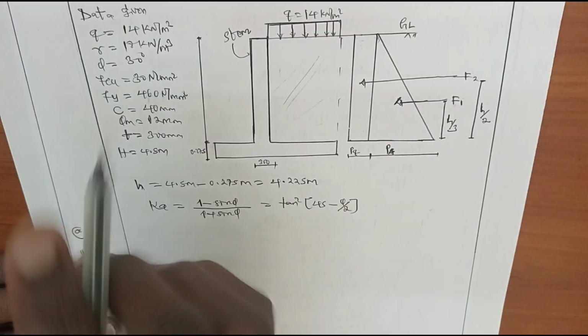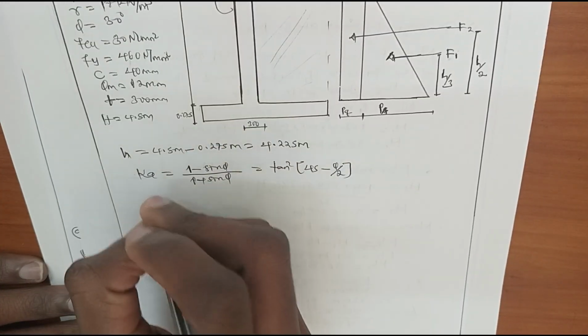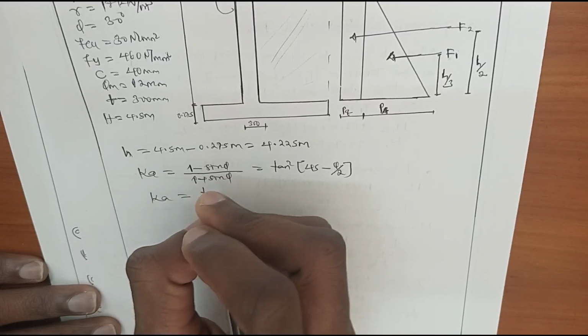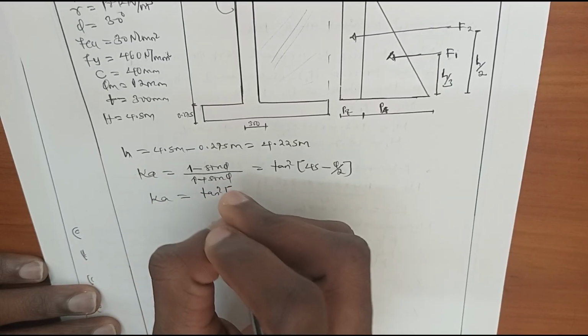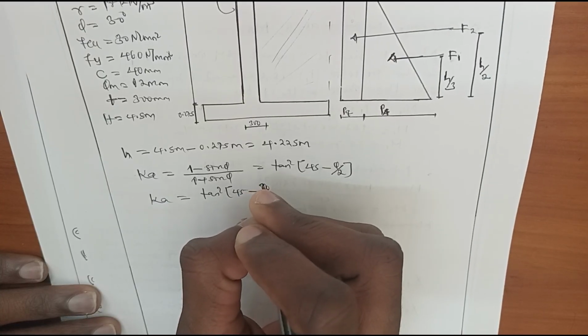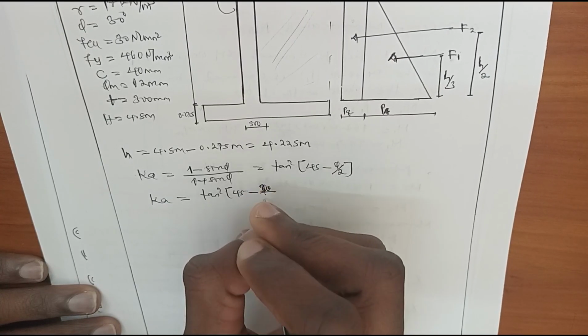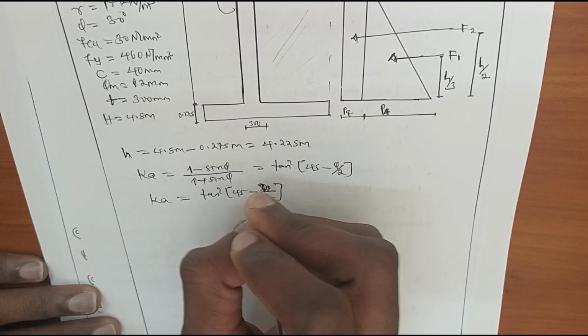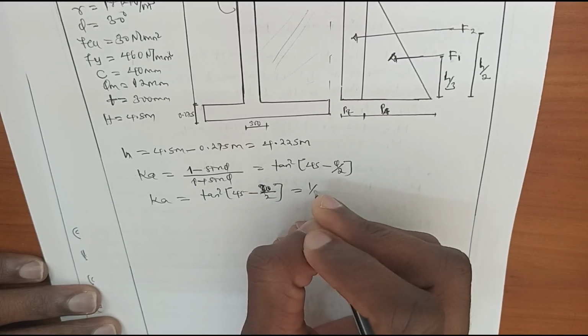Now we have been given the internal angle of friction, which is 30. So when we substitute, it will be equal to tan squared of 45 minus 30 divided by 2, which is 30 divided by 2. It will be equal to 1 over 3.